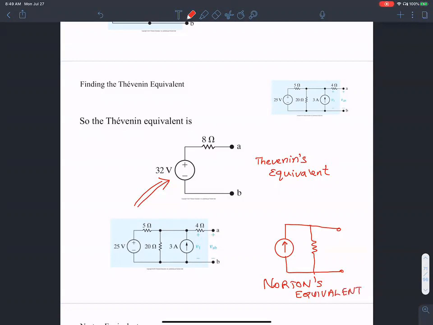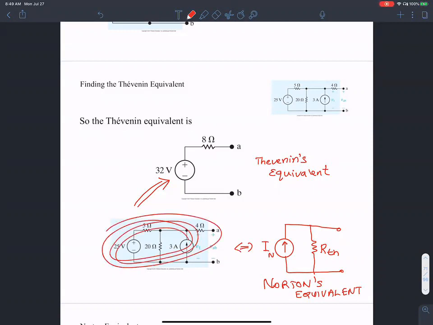That's the idea of a Norton's equivalent. This current is called I Norton. This resistance is still R, the same resistance. So if I express all of this circuit as a current source with a parallel resistance, then it's called a Norton's equivalent.